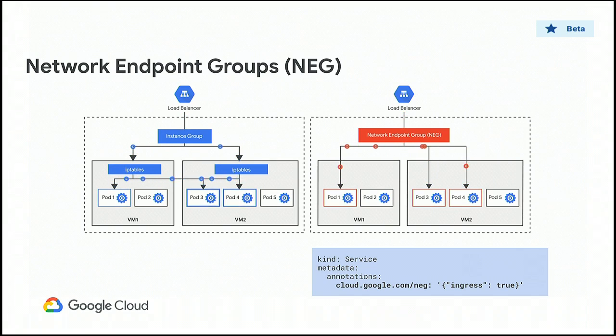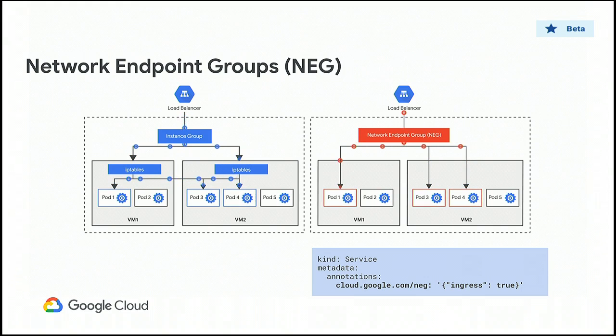You can expect better latency, better network utilization, because you don't have traffic getting to one node and then being translated to a different one, and also better health checking, because instead of health checking the node and then getting translated, you just health check the pods directly. That is also available by adding that annotation that I added here to the screen.